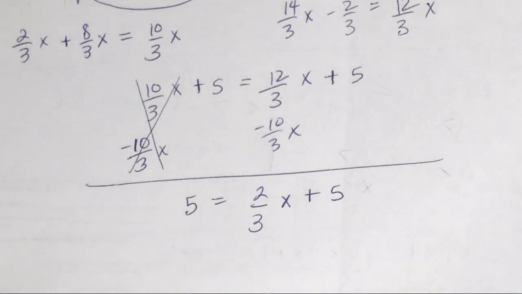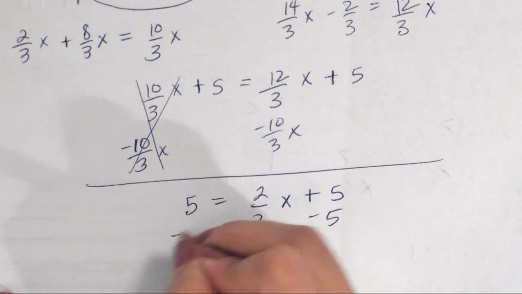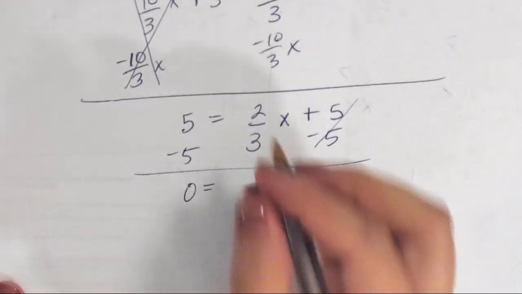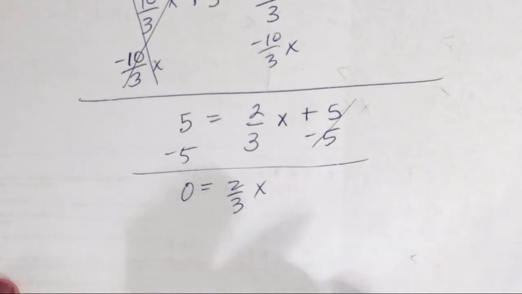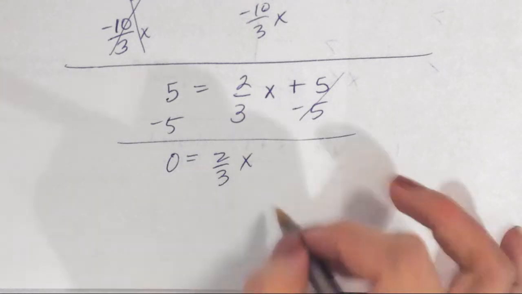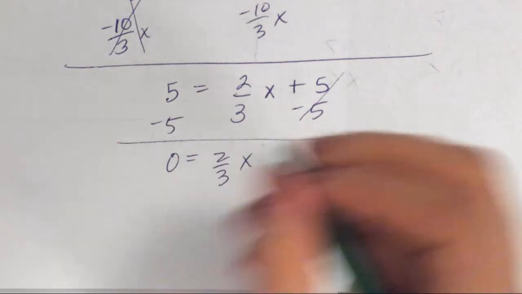And then the last thing I'm going to do is move the 5 over, so subtract 5. So 5 minus 5 is 0. You get 2/3 x. Now how do you get rid of this 2/3 x? Alright, so you could divide by 2/3, but the easiest way, if you guys remember from Algebra 1, is to multiply by the reciprocal.